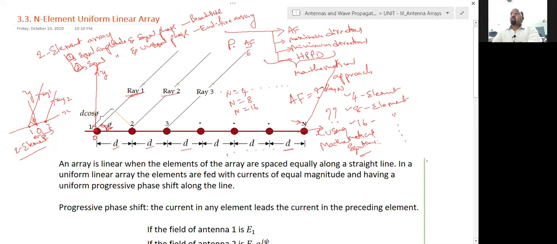So what is the resultant electric field? It is the vector sum of the fields due to individual antennas. So electric field radiated by antenna 1 plus electric field radiated by antenna 2 plus electric field radiated by antenna 3, and so on. Between ray 2 and ray 1 there is a path difference.